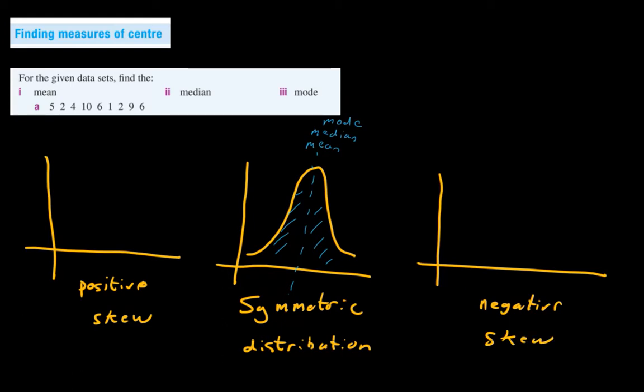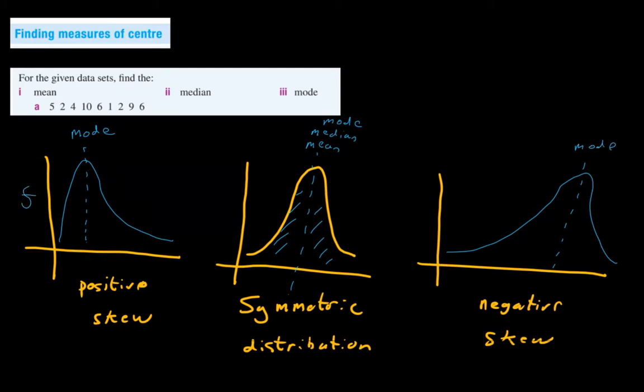Positive skew means that there's a big tail to the right. Negative skew means that there's a tail to the left. The mode for each is still going to be the highest value. This is frequency, and your x-axis is going to be your particular statistic.